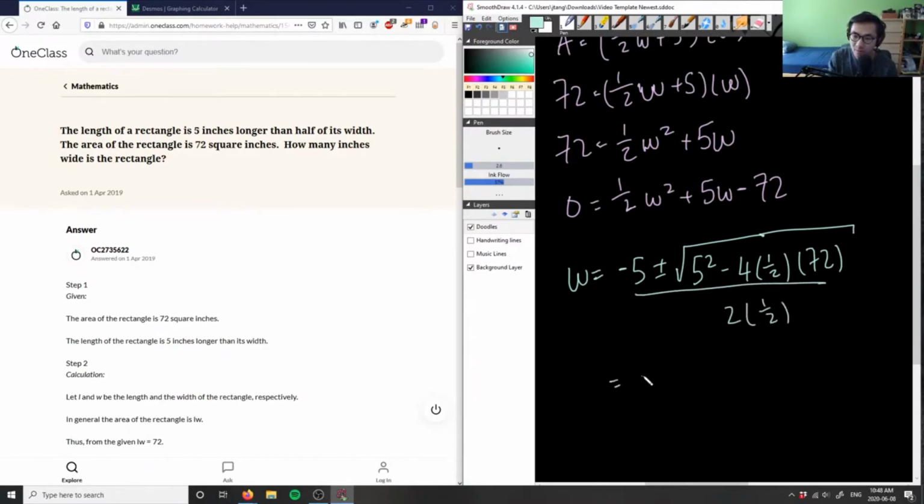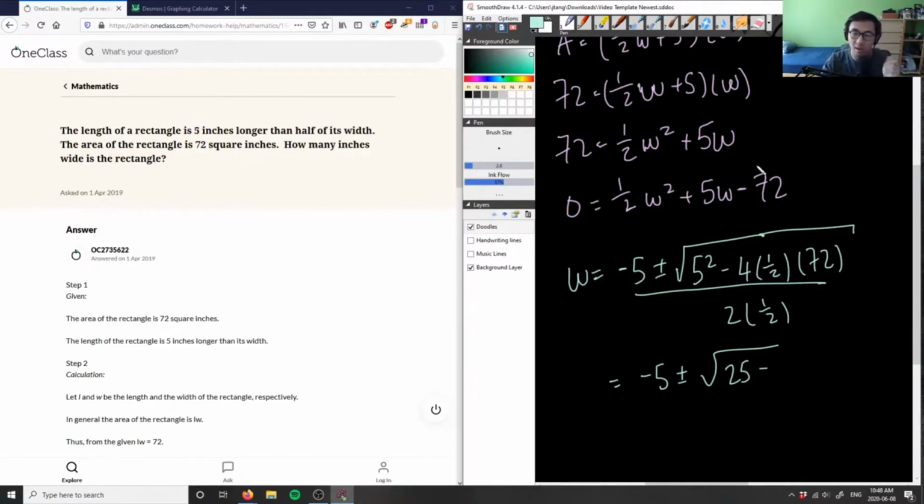So negative 5 plus or minus the square root of 25, 5 squared is 25, minus 4 times half, which is 2, times 72, which is going to give me 144.